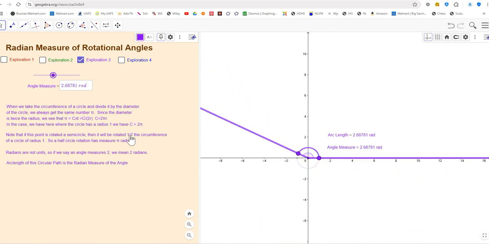Okay, because we're dividing a length unit of circumference by a length unit for the radius, those are both length units, like centimeters divided by centimeters. The units cancel out, and the angle measure of radians is technically not a unit. That's why when we write a number without this rad, it means radians.